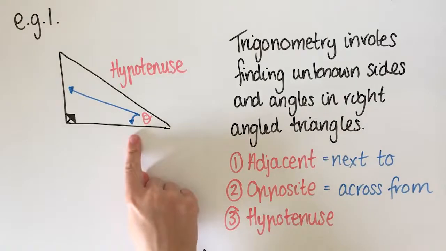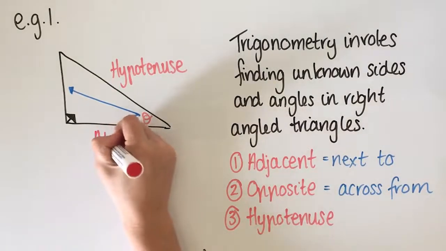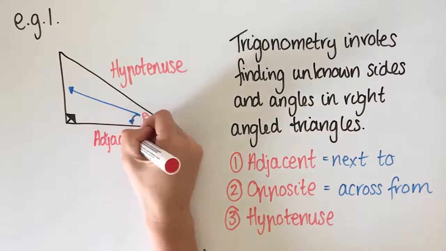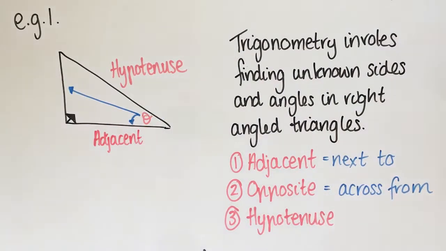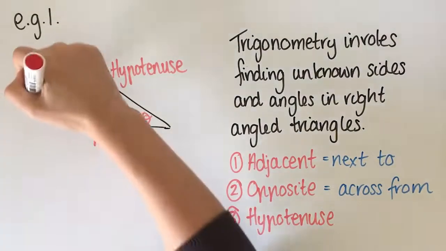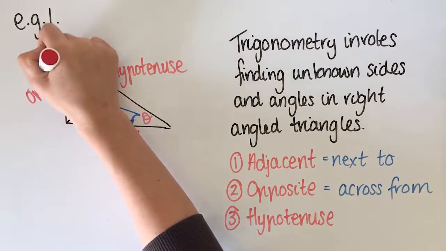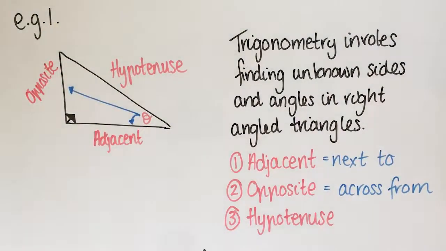So this side is obviously closer, so we would say that that is adjacent because it is next to that angle. This one, obviously this line is much longer, so that would mean that this side is our opposite.